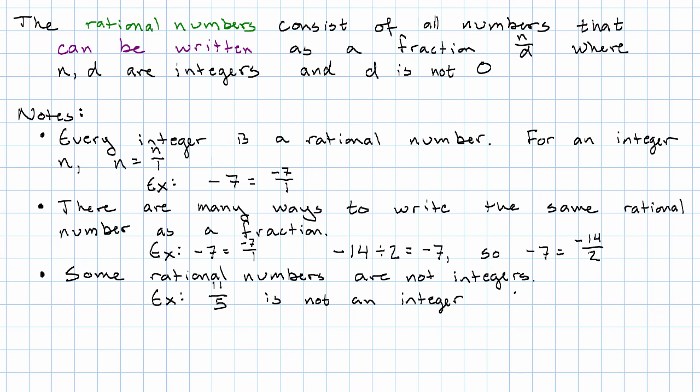If we were to take 11 divided by 5, we're asking what times 5 is 11, but 2 times 5 is 10, 3 times 5 is 15. There's no integer between 2 and 3, so 11/5 can't be any integer.